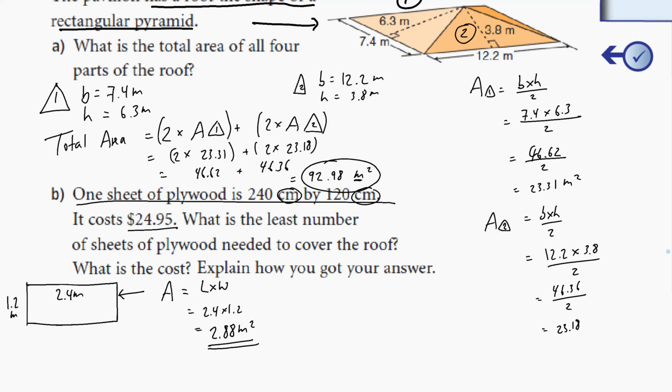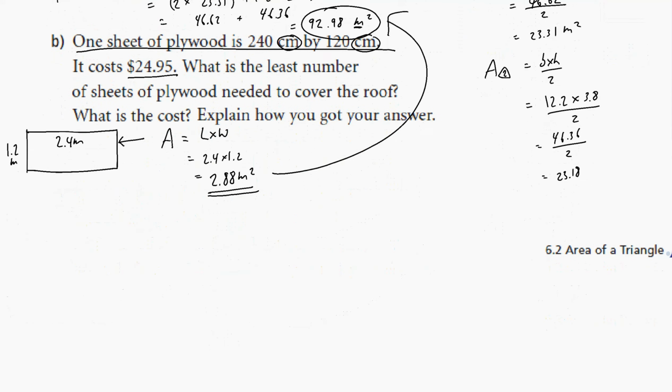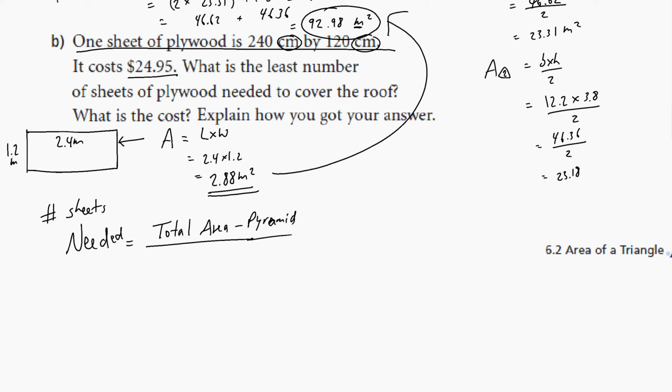We need a total of 92.98 meters squared. So the number of sheets needed equals the total area of the pyramid divided by the area of one sheet.